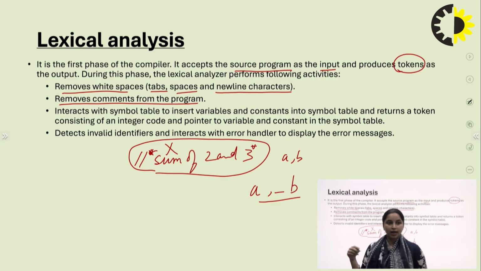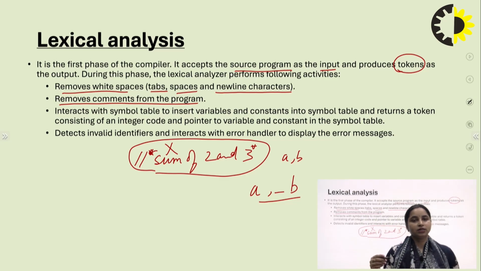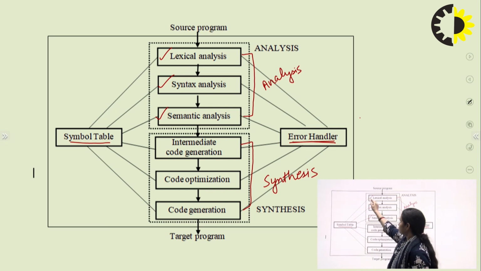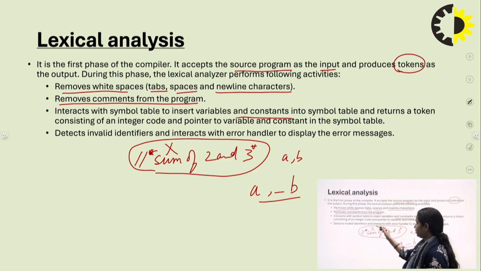Then it interacts with the symbol table to insert the variables and constants into the symbol table. As you can see, this phase is also connected with the symbol table. So what is it doing with the symbol table?